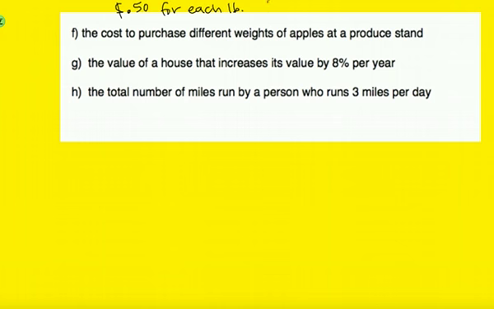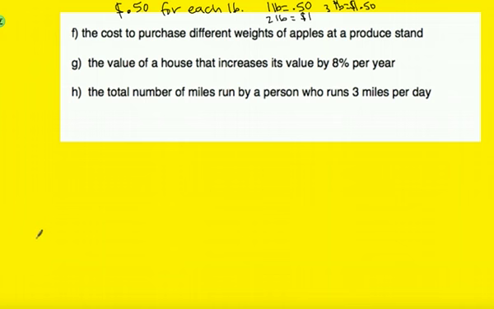That means that 1 pound is 50 cents. 2 pounds is going to be $1. 3 pounds is going to be $1.50. So each time you were increasing by the same amount because you were increasing by 50 cents each time.